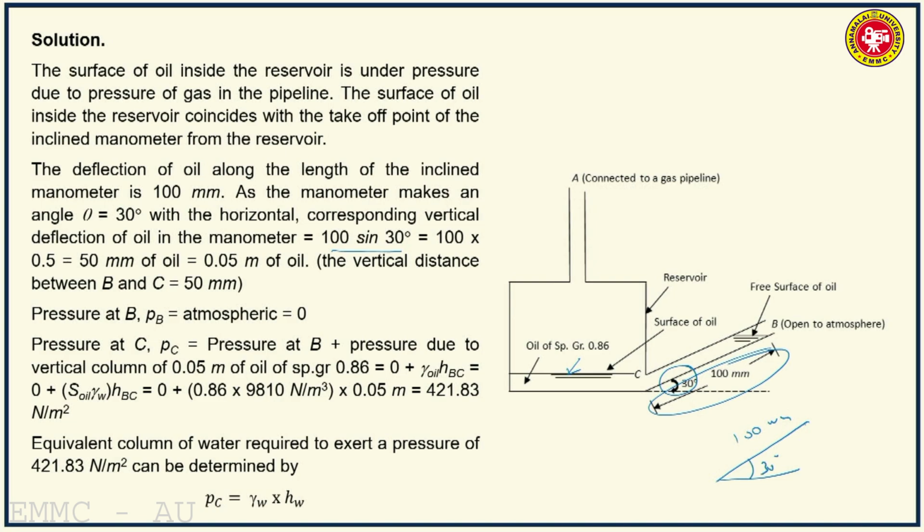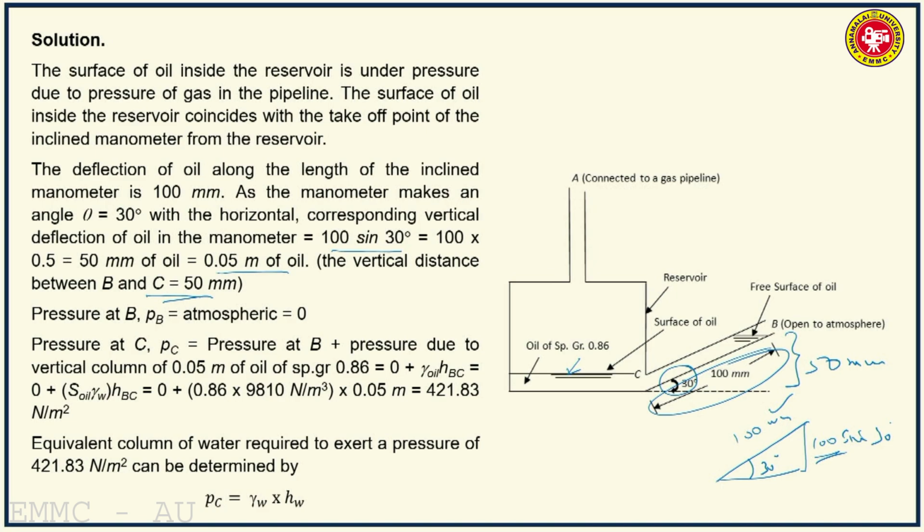So I want the corresponding vertical deflection. So this will be 100 sine 30, because sine 30 will be opposite by hypotenuse. So hypotenuse is 100 millimeters, so opposite will be 100 sine 30. So that is 50 millimeters of oil or 0.05 meter of oil. So the vertical distance between B and C will be 50 millimeters.